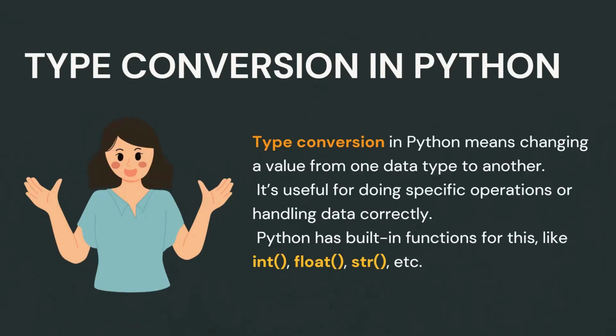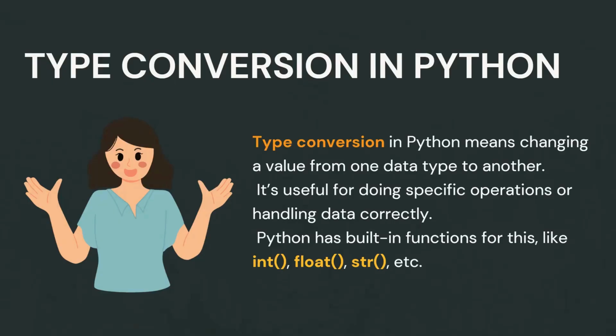So first, what is type conversion? Type conversion is just a fancy way of saying changing a value from one data type to another. For example, turning a string like 42 into a number 42, or changing a number into a string so you can join it with text.